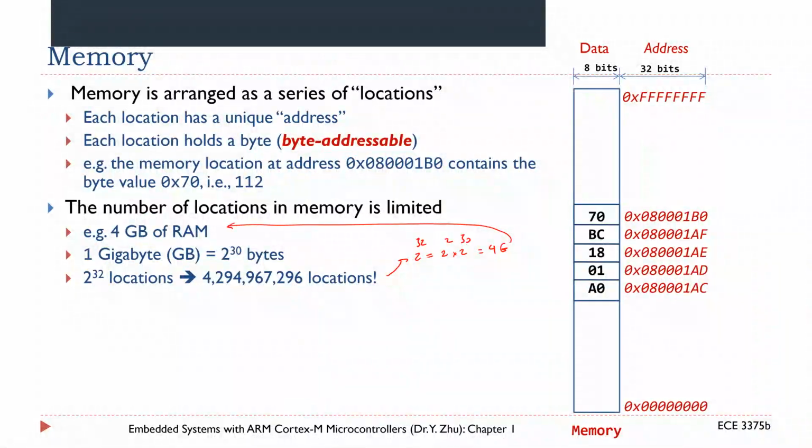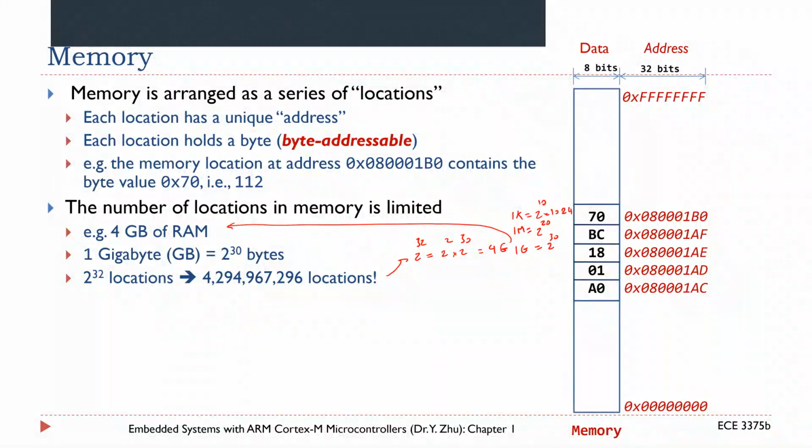So we define different notations in the memory. Usually 1 kilo is 2 to the power 10, which would be 1024. The next one would be 1 mega, which is defined as 2 to the power 20, and the next one would be 1 giga, which is 2 to the power 30.